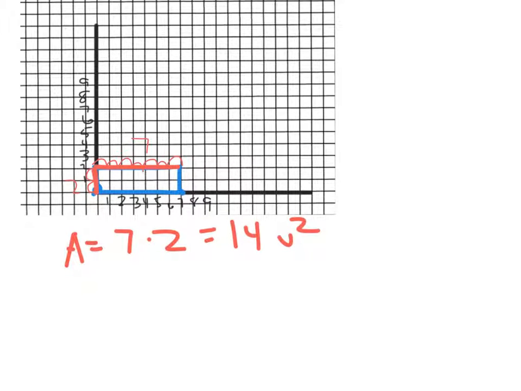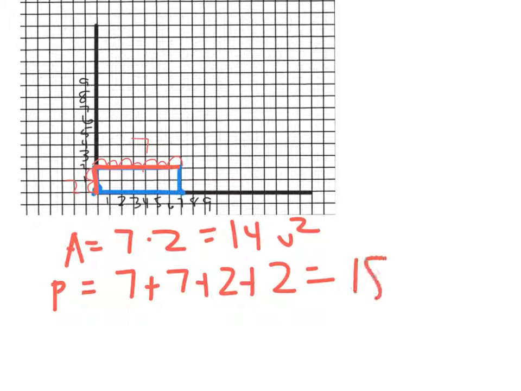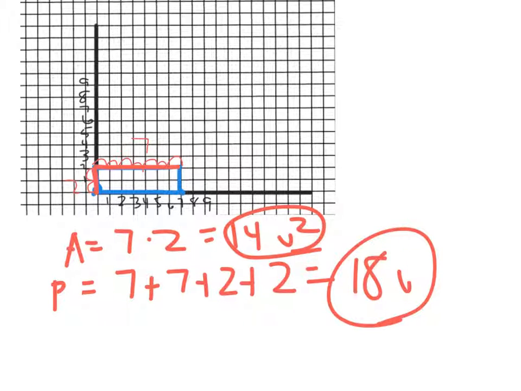Okay, and if you know there's 2 of each of those sides in the same length, you would do for the perimeter, 7 plus 7 plus 2 plus 2, because there's 2 of each of those sides. And that gives you 18 units for your perimeter. Okay, so that's number 8.